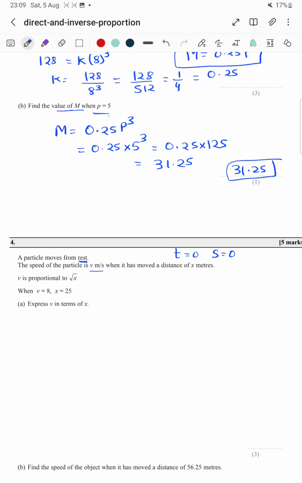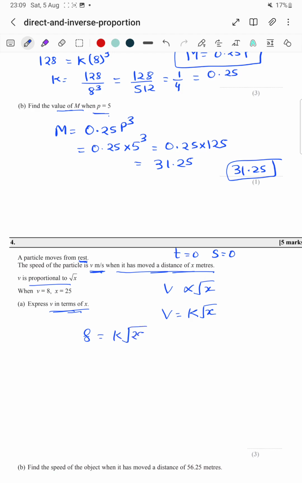The speed of the particle is v meters per second when it has moved a distance of x meters, and v is proportional to the square root of x. So I can say v is equal to k times the square root of x.